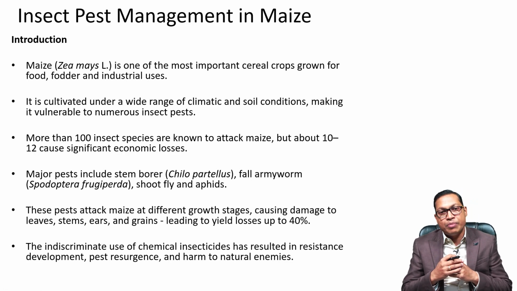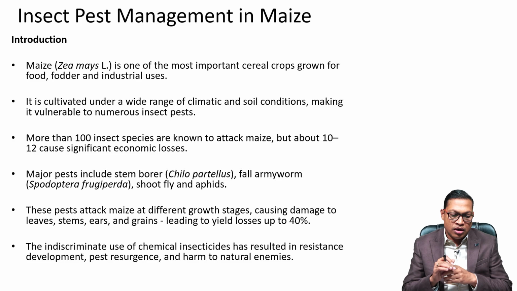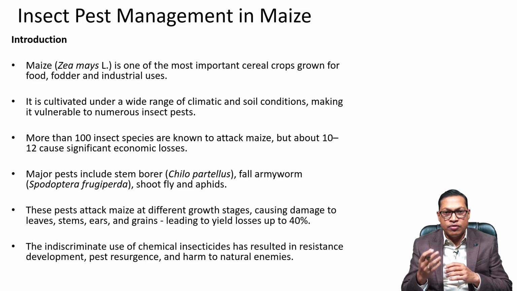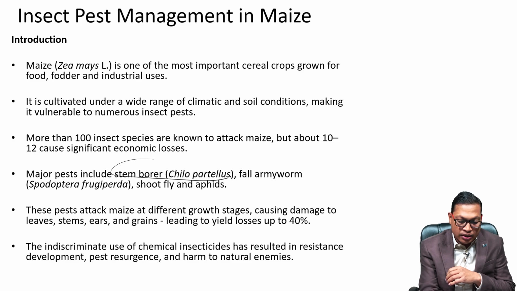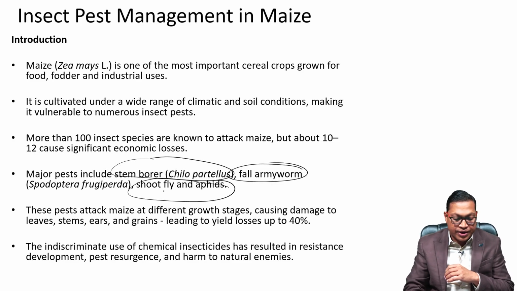Then maize is also a wonderful crop, not only of India but of countries outside also. It has different types of problems like stem borer, fall armyworm and shoot fly, along with aphids.